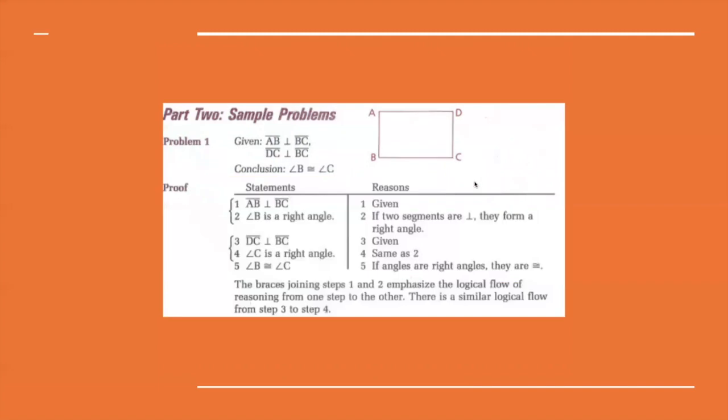And if DC is perpendicular to BC, then angle C has to be a right angle. So it says here that means angle B is a right angle, because if two segments are perpendicular, they form a right angle. And angle C is a right angle, which is the same reason as 2: if two segments are perpendicular, they form a right angle. Which means in conclusion, angle B is congruent to angle C.